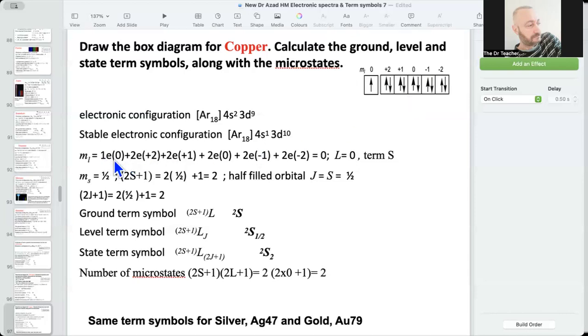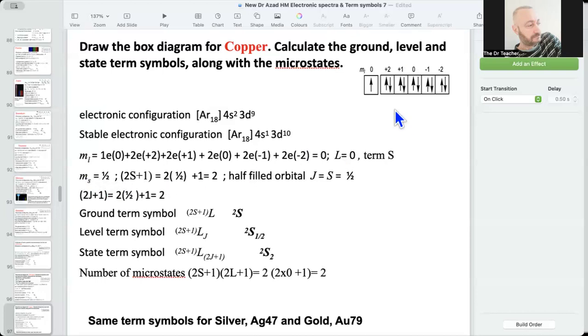It will be 1 times 0, related to this one, then 2 times plus 2, 2 times plus 1, 2 times 0, 2 times minus 1, 2 times minus 2. In all cases, we have L equals 0, so the term will be S.